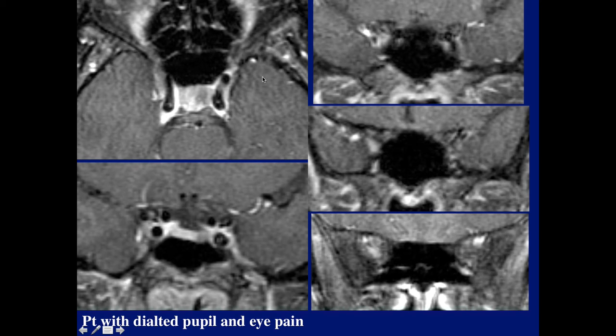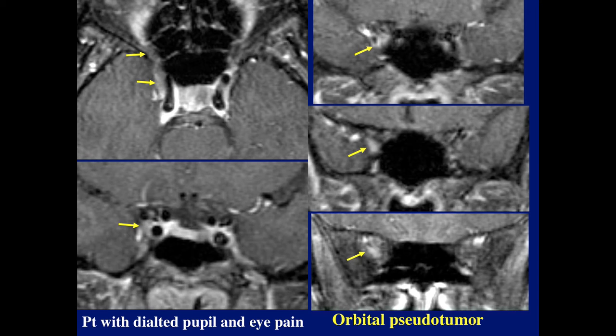Notice this is a tough case, but notice there's this normal high signal from the veins on this side. This is again grayed out a little bit here. The abnormality again was actually on the right side. Patient had dilated pupil and eye pain. And this again is a case of orbital pseudotumor. Again, minimal enhancement, but there is enhancement in the orbital apex.